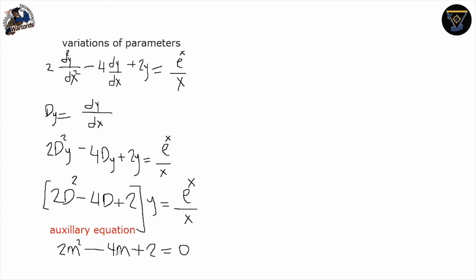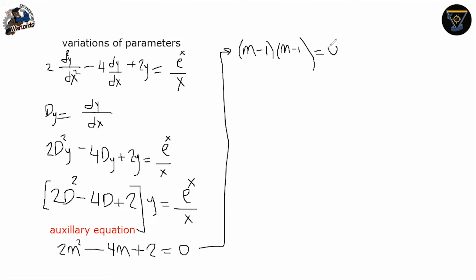So what we could do is that if we factor this out, let me write it here. You're going to have m minus 1, m minus 1 is equals to 0, right? So what we're saying is that each bracket is going to equal to 0.